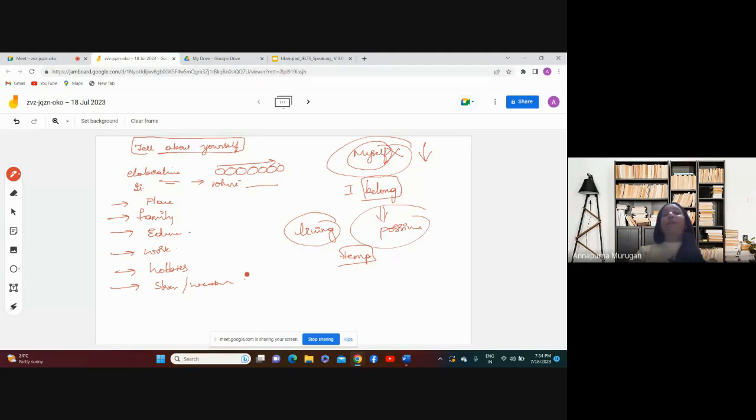This is how you need to connect, and you need to just speak. Try to cover everything. We hardly took 1.5 minutes to present this, isn't it? But when you prepare, try to prepare your speech for 2 minutes, and make sure you give only two sentences to each point. Don't emphasize more on education, work or hobbies.